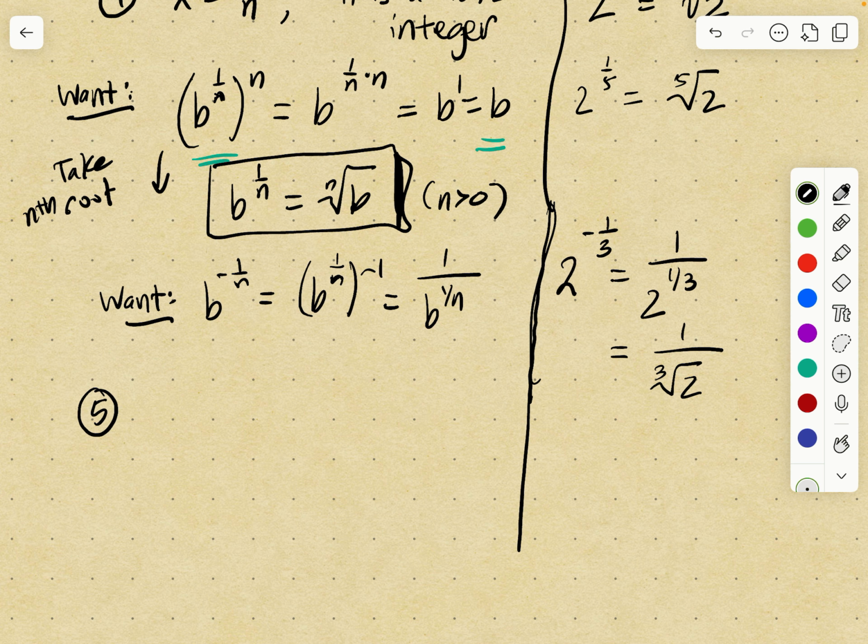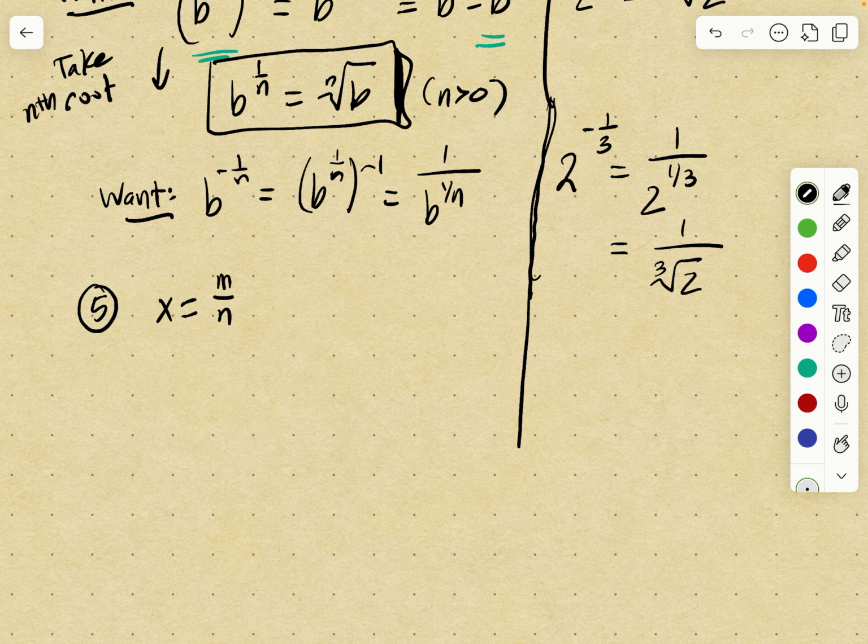Now we just need to figure out what to do when x is, say, m over n, where m and n are just any integers, as long as n is not 0, right? Well, again, we want this property of b to the m over n raised to the nth power.